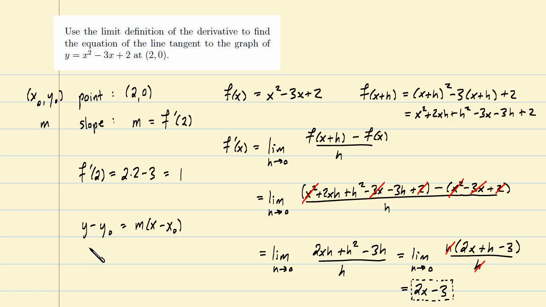So plugging in the information we have, we'd have y minus 0 equals m, which is a 1, times x minus 2. And then cleaning that up even further, we have y equals simply x minus 2. And that right there is the equation of the line we saw.